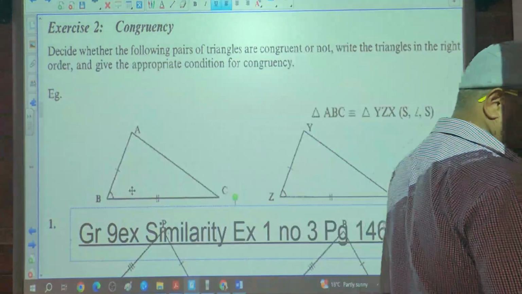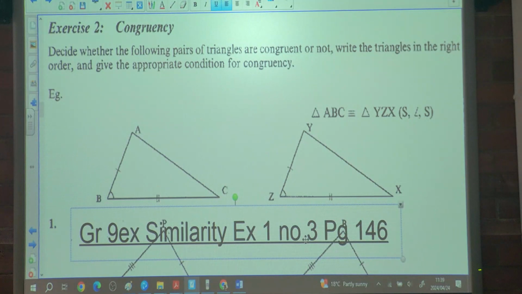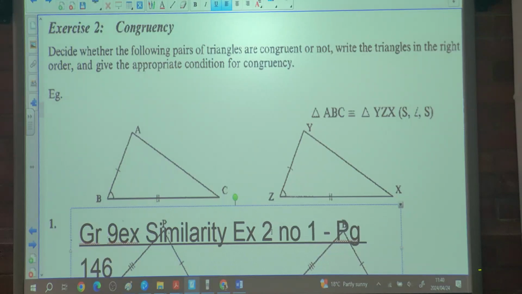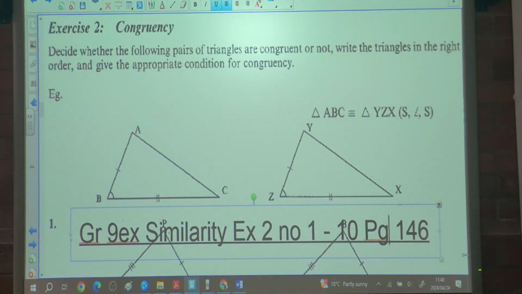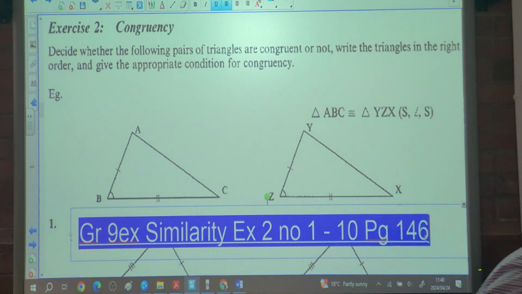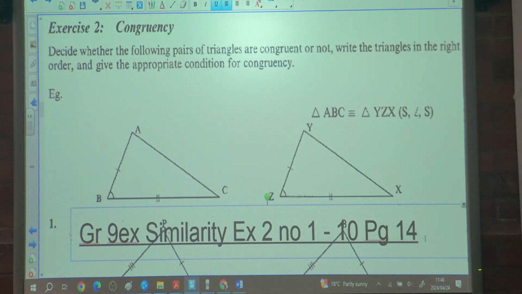Okay, we'll just put here, this is exercise 2, number 1 to 10, on page 148, 149.